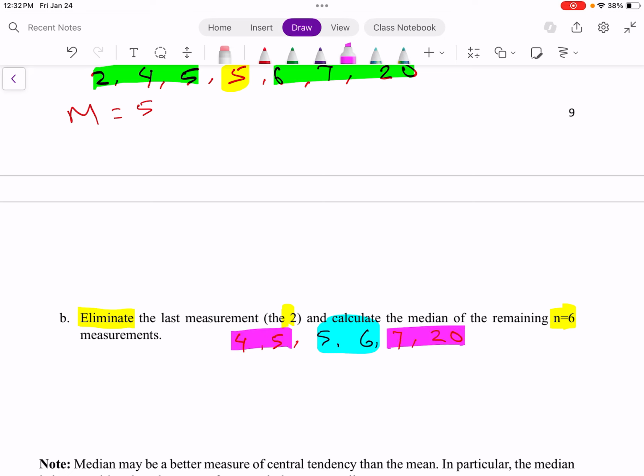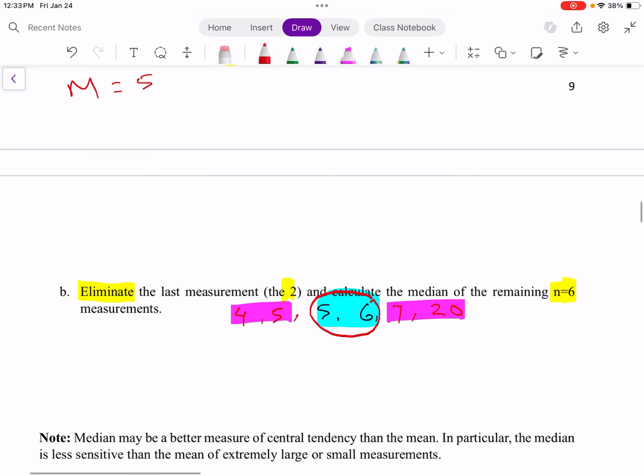If we have an even number of measurements, then the median is the average of these 2 middle numbers. What is the middle number in between 5 and 6? 5.5, right?